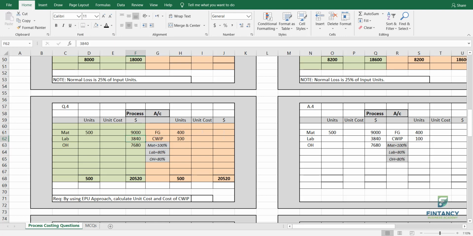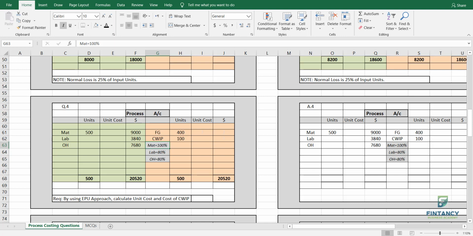So we need to know exactly how much is not completed, I mean, from which perspective it is not completed. So the examiner will tell you that from the material point of view, they are 100% complete. So you will write like this below CWIP. Then they say from the labor point of view, it is 80% complete.